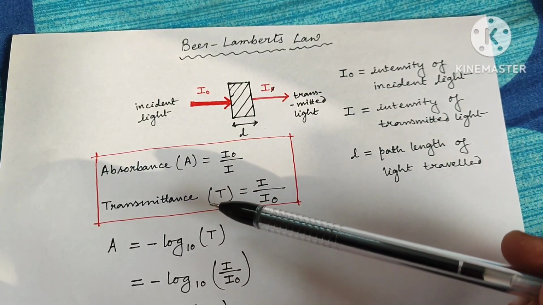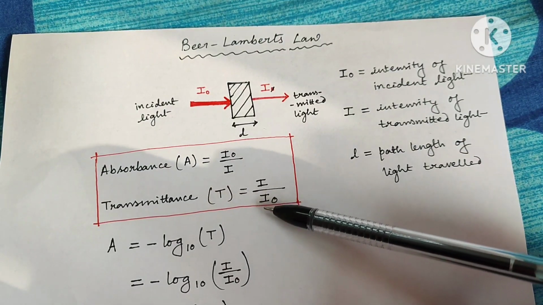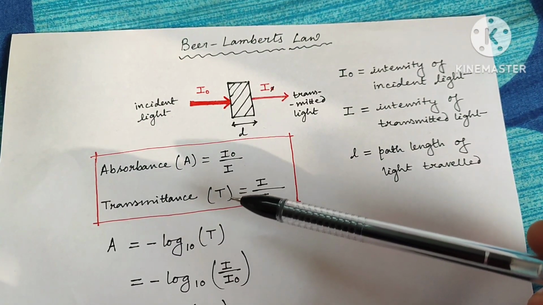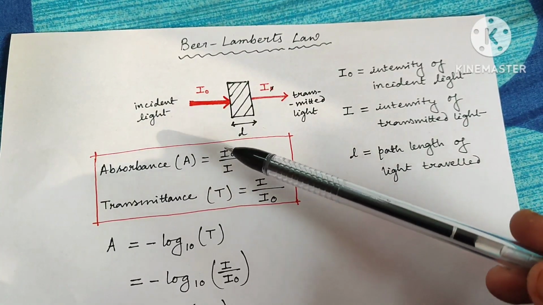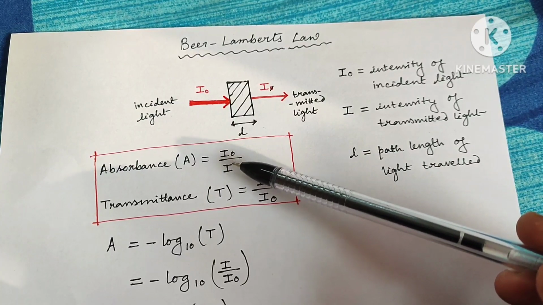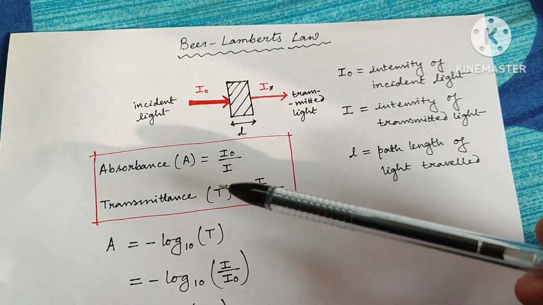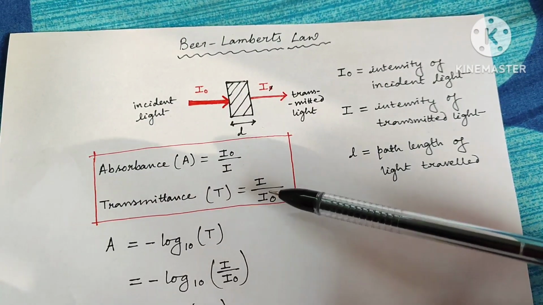As a result, all the light will get transmitted, so transmittance will be 100%, or 1. On the other hand, if you take a completely opaque sample, then all the light will get absorbed, so the absorbance will be 100% or 1. Then no light will get transmitted, so the transmittance will be 0.